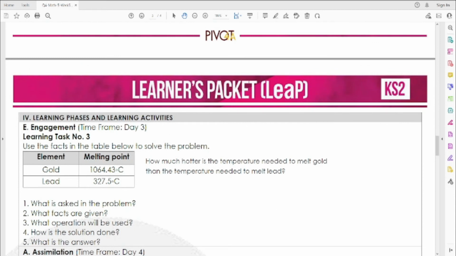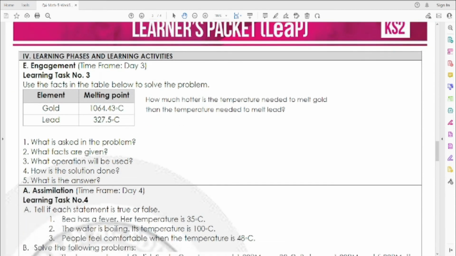For our learning task number 3, use the facts in the table below to solve the problem. In our table, we have the element and the melting point. Under element, we have gold and lead, ginto at tingga. The melting point of gold is 1064.43 degrees Celsius, so you can melt gold at this temperature.